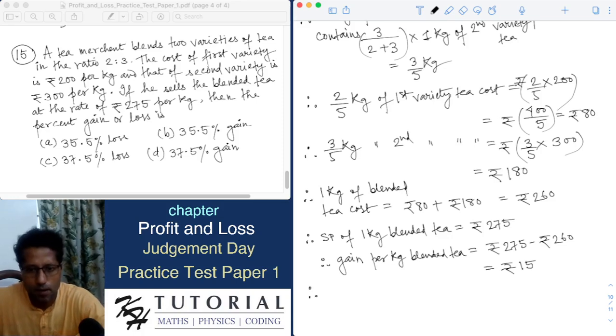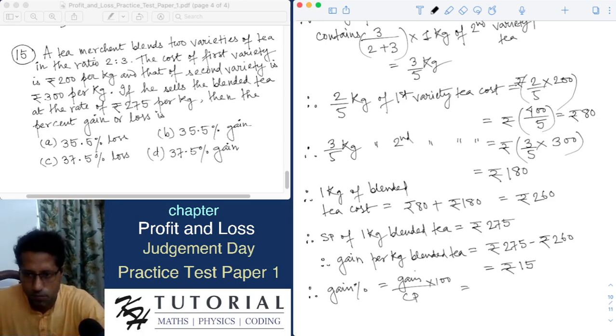Therefore, it has asked the gain percent. Gain percent is gain divided by CP into 100.